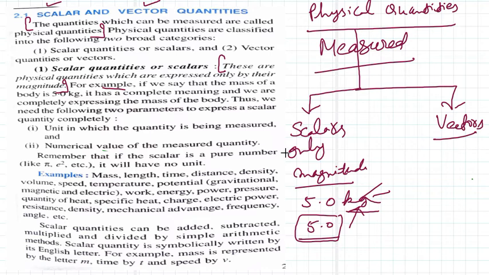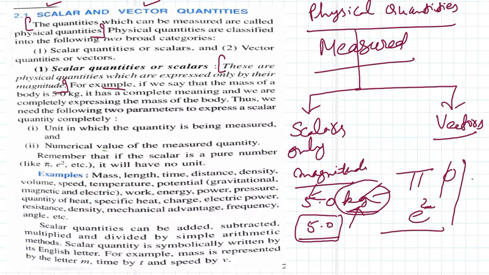First is the unit, like kg, meter, centimeter, and second is the numerical value. This 5 is its numerical value. Constants or pure numbers like pi, phi, etc. have no units.